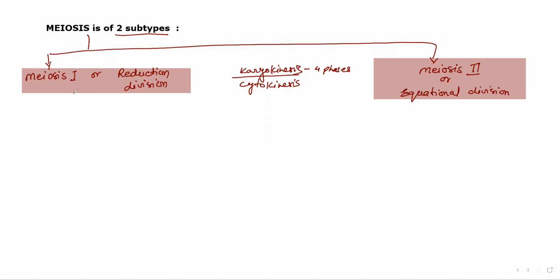Firstly, interphase, which is very similar to that in mitosis. Interphase is the preparatory phase which involves the duplication of genetic material, that is DNA. And in karyokinesis there are 4 phases that we will discuss here. So meiosis 1 consists of 4 subphases.